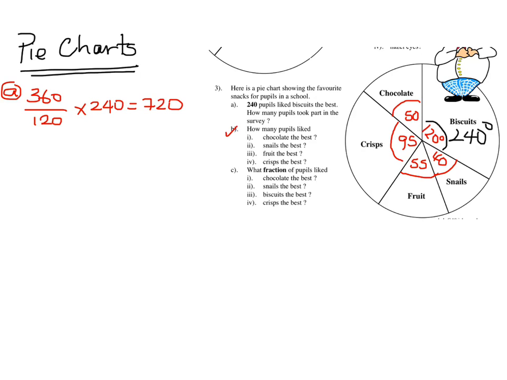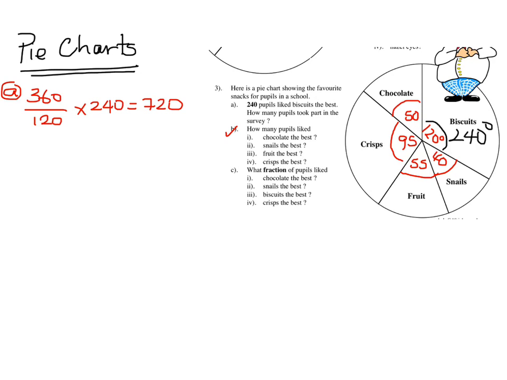So we're going to go here now on question B. The very first thing question B is asking us to do is find out how many people like chocolate the best. Well, as you can see, 50 degrees is the angle for chocolate.